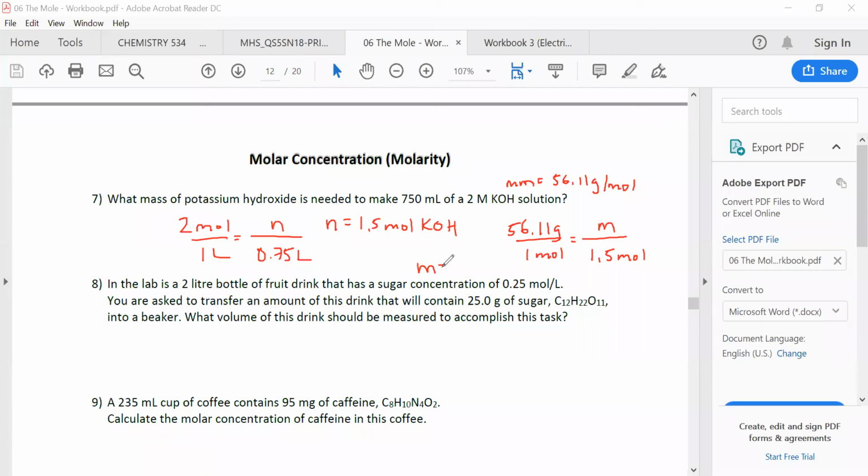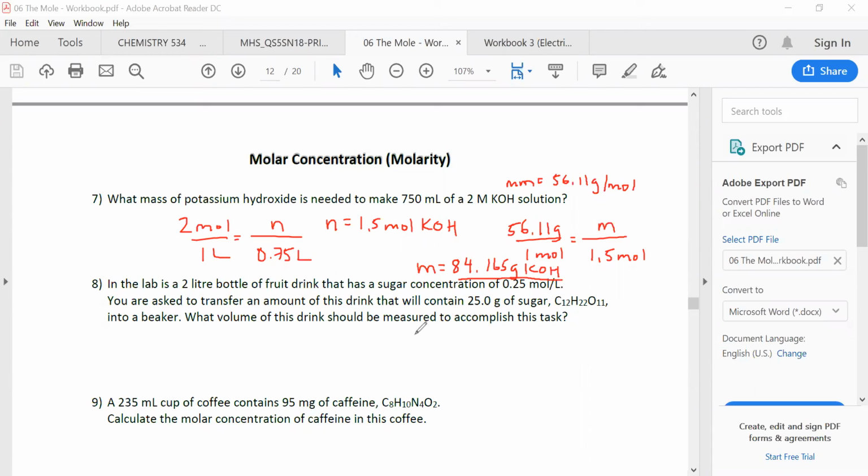In this case, m ends up giving you a pretty lengthy number here. What I got is 84.165 grams of KOH. Make sure you always, especially at the end, write down the specific substance you're talking about, because you will get yourself confused if you don't write it down when we go to start stoichiometry.